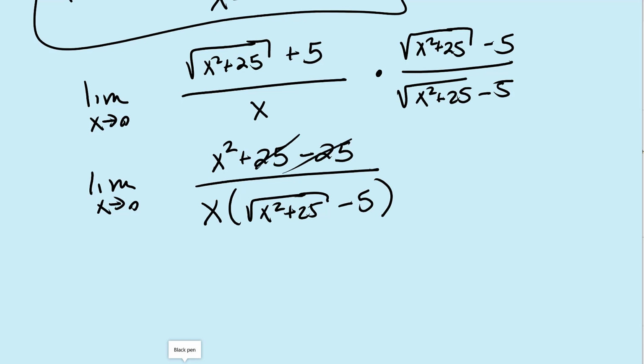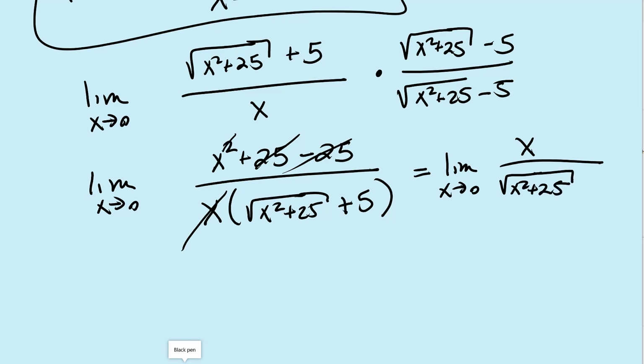And again, the 25s cancel, but this time we are left with 1 x in the numerator because we can cancel that second power with this first power here. So we have x squared plus 25, plus 5. That was my mistake, plus 5, not plus 25.